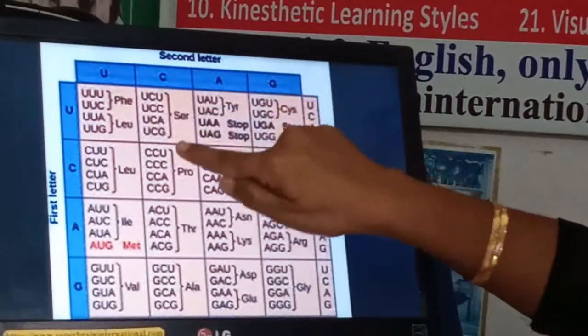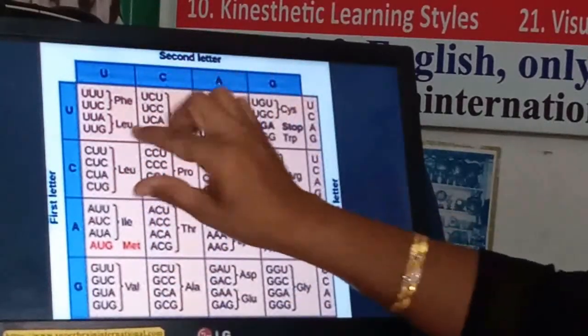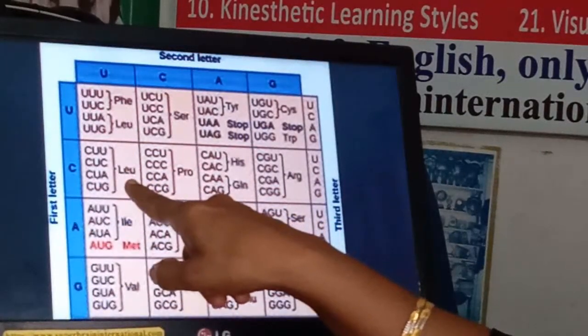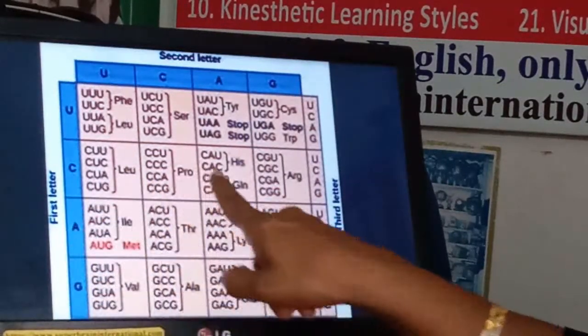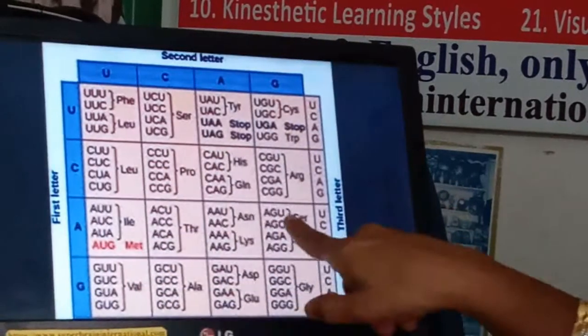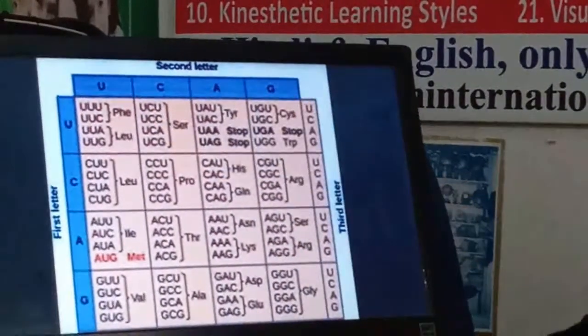Only the last codon is changed, and because of that sometimes all these four types of codons represent only one type of amino acid. Like here leucine is there, proline is there, serine is there. So in this way, the most important are the first and second codon.